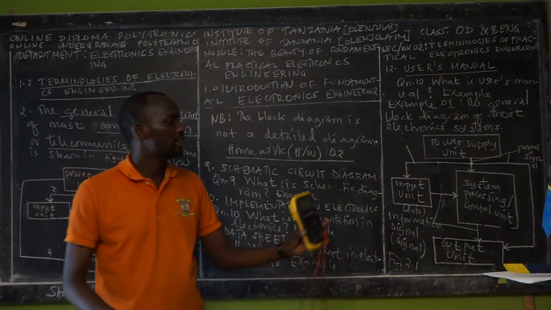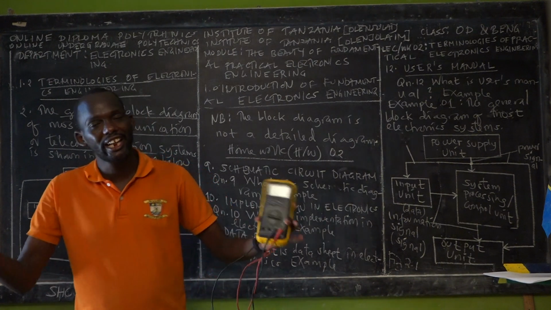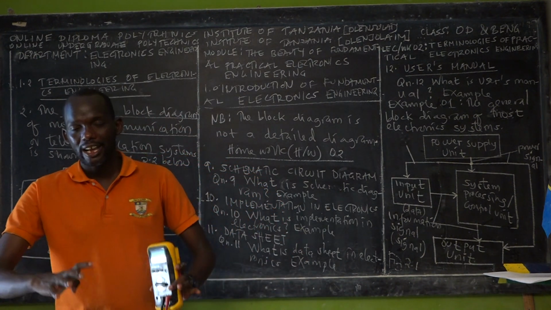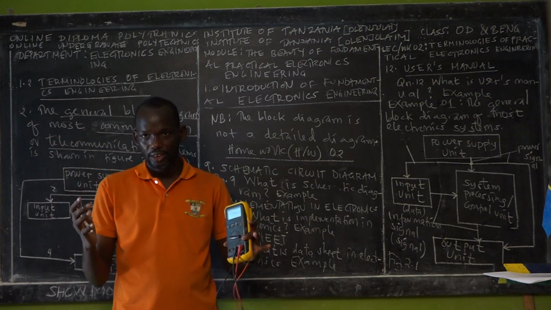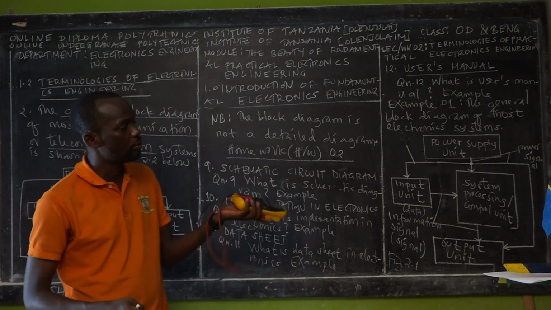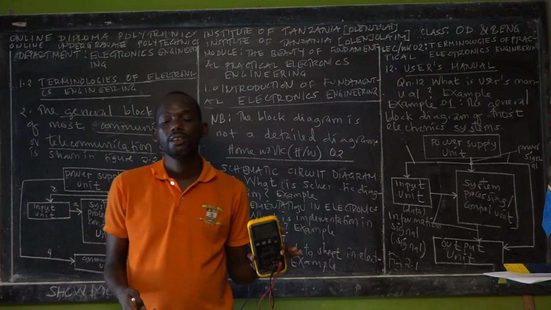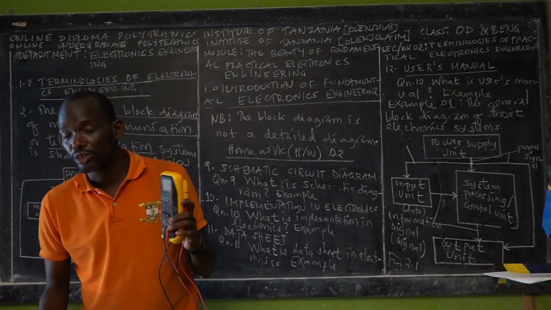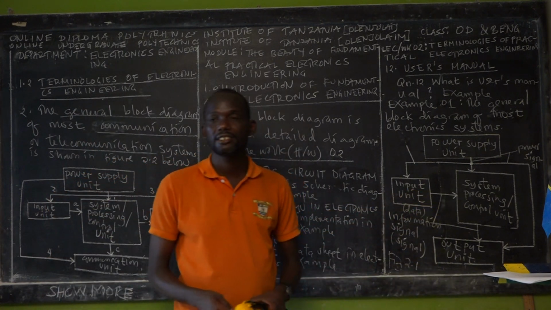The block diagram can even have more than 10 blocks, but generally we have a big picture, so the general block diagram of this multimeter can be broken into these 4 parts.